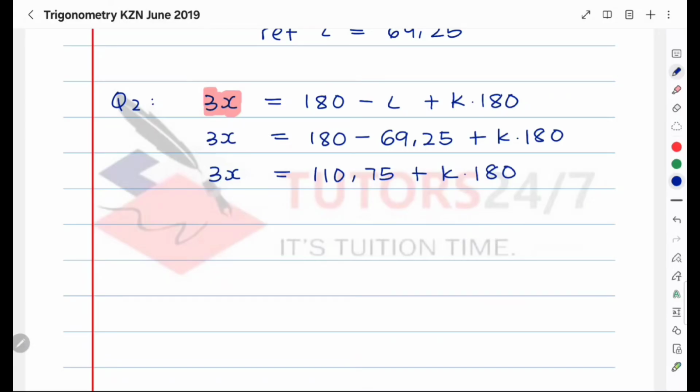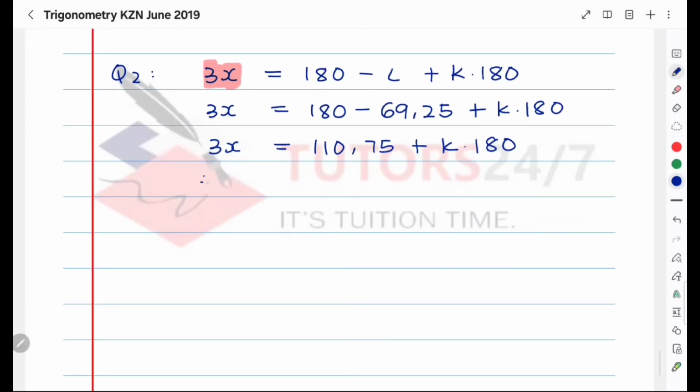Now, we need to solve for x, so we are going to divide both sides by 3. So 3x divided by 3 is x. 110.75 divided by 3 is 36.92.